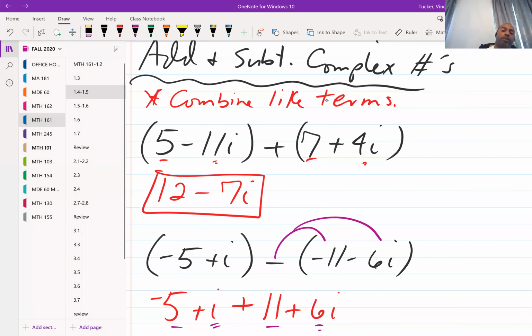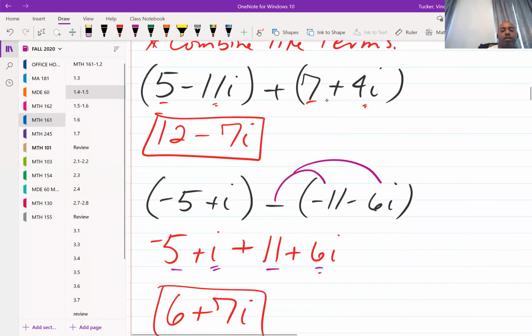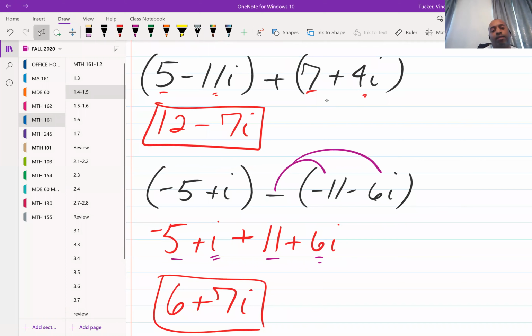After you've done that, you can freely combine your like terms. Negative 5 plus 11 is 6. And then i plus 6i will be 7i. Any questions? Any questions?